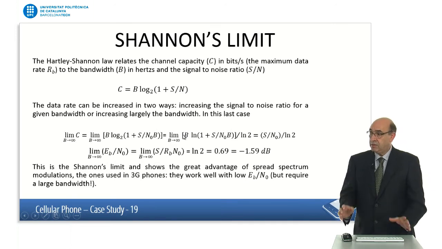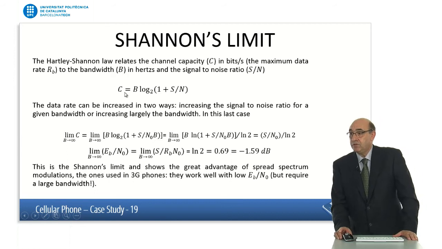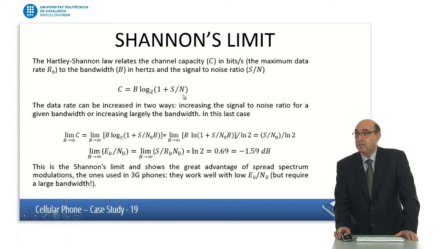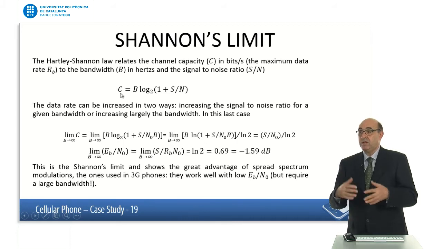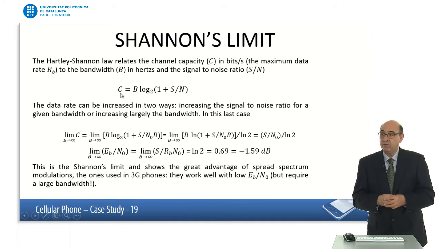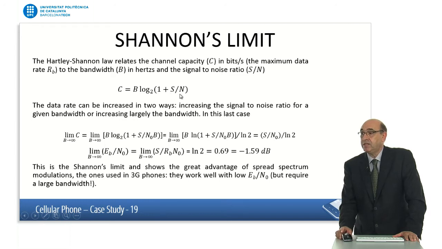And this is the basic Shannon law that tells you for a certain bandwidth and a signal-to-noise ratio, it gives you the maximum capacity, if you want the maximum data rate, that you can send with an arbitrary or controlled number of errors, a small number of errors. So the capacity is in bits per second, the bandwidth is in hertz, and here you take log 2, because those are bits, of 1 plus the signal-to-noise ratio.